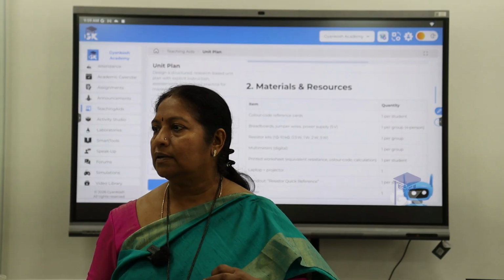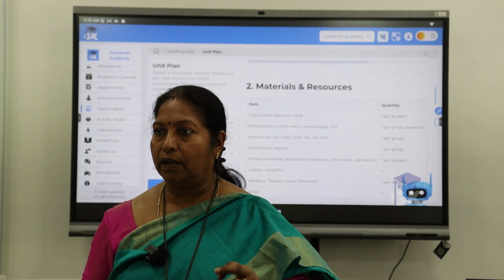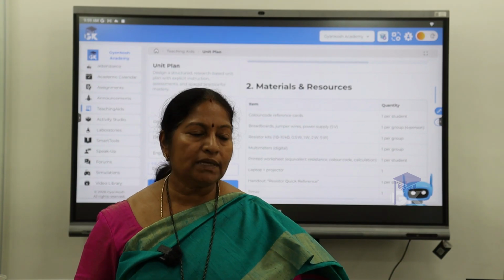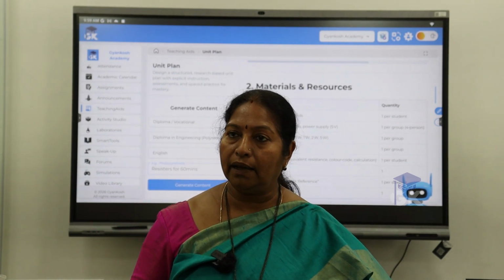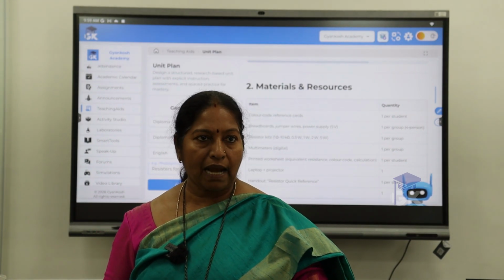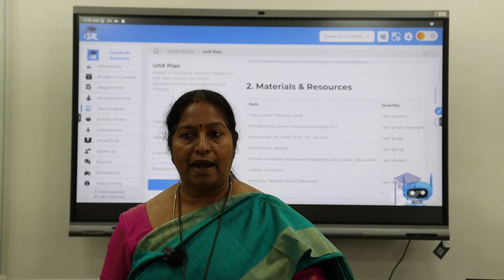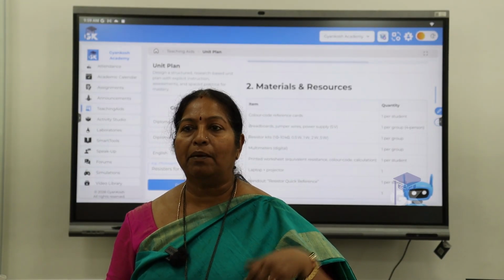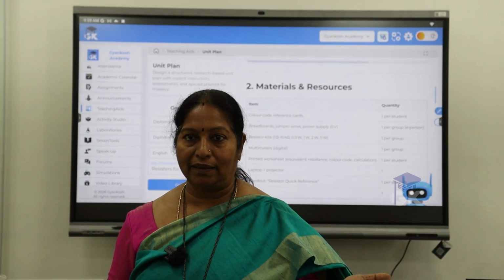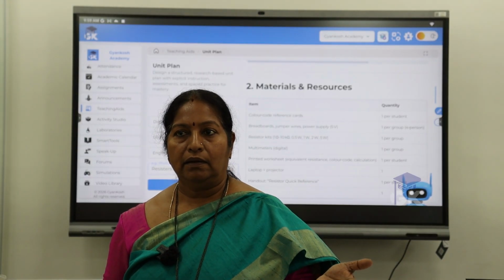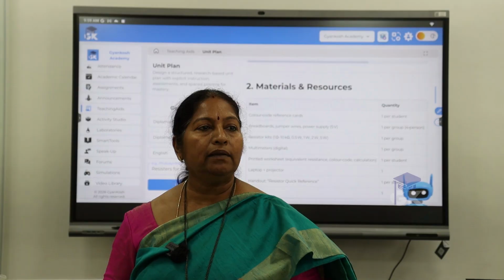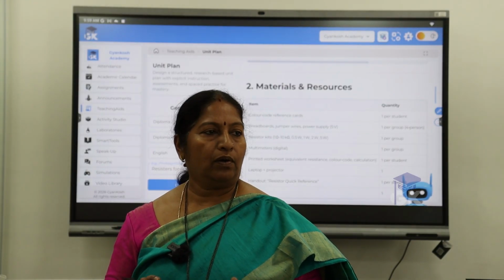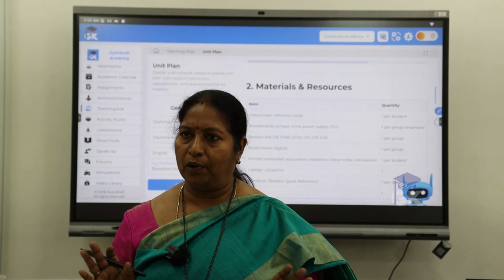They give a clear size of the resistor: when it is half watt, what is the size? Quarter watt, what is the size? These are all standardized, not only in India, throughout the world. IEEE standards are maintained here. Otherwise, if I use something and some other country uses something else, it's not like that. So IEEE has a standard coding, standard color code, standard sizes for all the resistors, capacitors, all components.